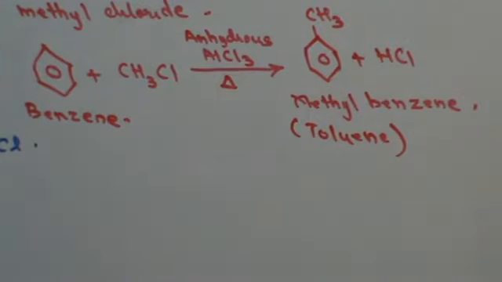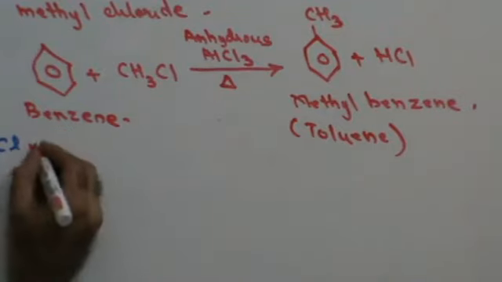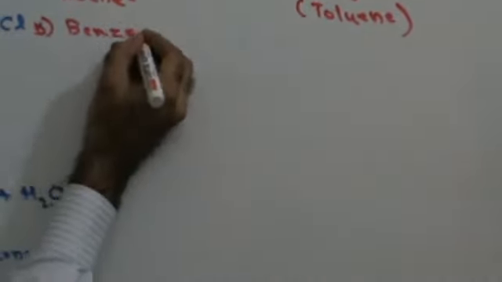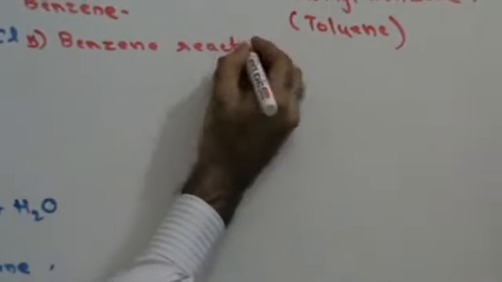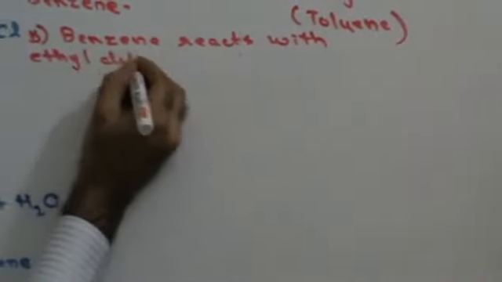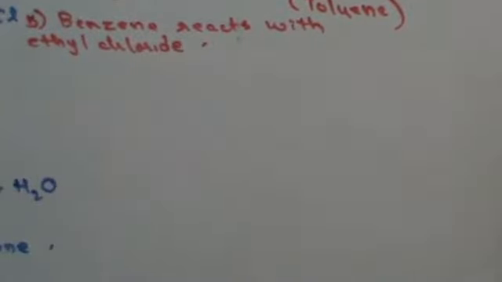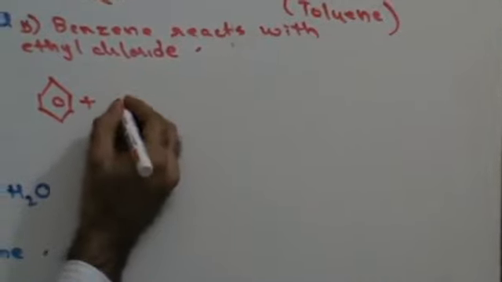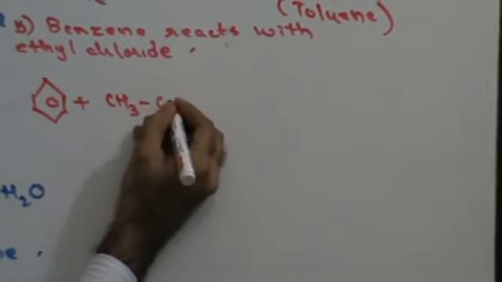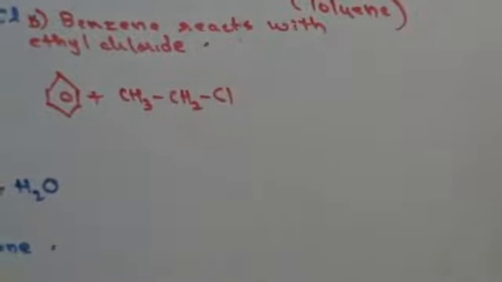Now the same reaction I could do with, say, ethyl chloride. Suppose if I do the same reaction with ethyl chloride, benzene reacts with ethyl chloride, ethyl, 2 carbon atoms, chloride, Cl.